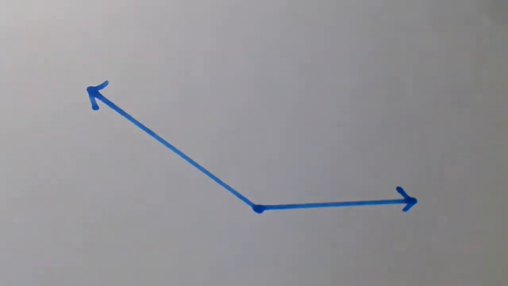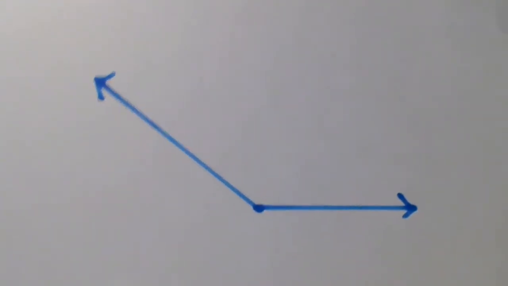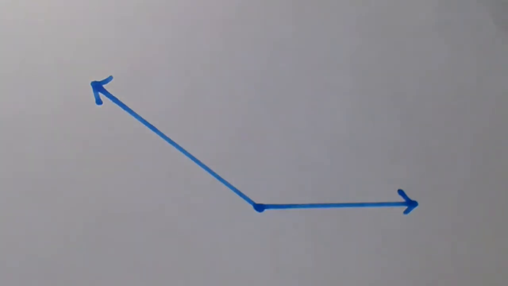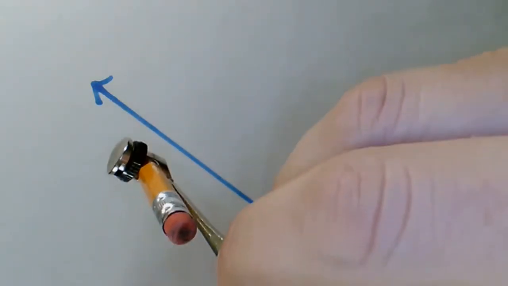Now, in the last problem, I made a point that we didn't have to adjust our compass. We might have to here. It's just dependent on the problem that we have or the picture that we draw. Step number 1, take my stabby end and put it on the vertex and do a mark that covers both.